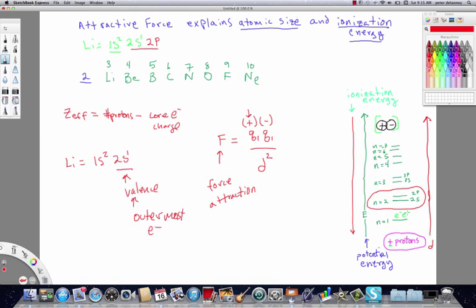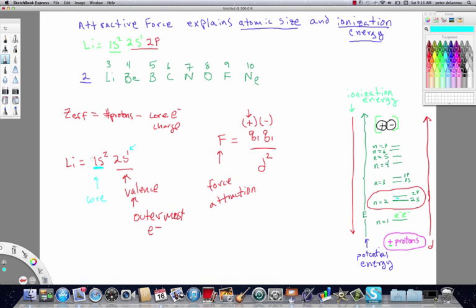Coming back over here to my schematic, we already have 2 electrons in N1 for lithium. Those electrons are right here. These are the electrons in N1. And this electron is sitting up here in energy level 2, so it's a little bit further away from these protons. So these electrons right here are the core electrons.